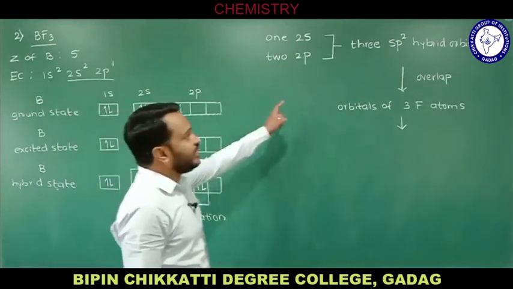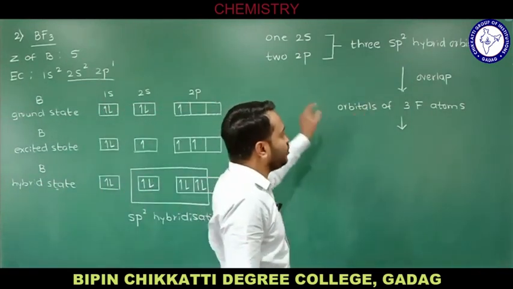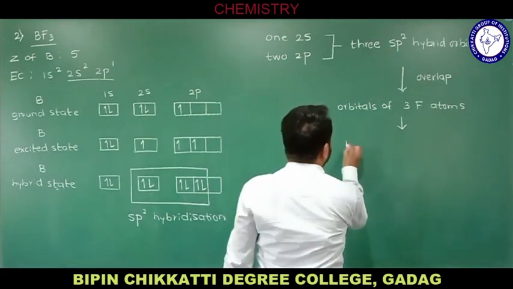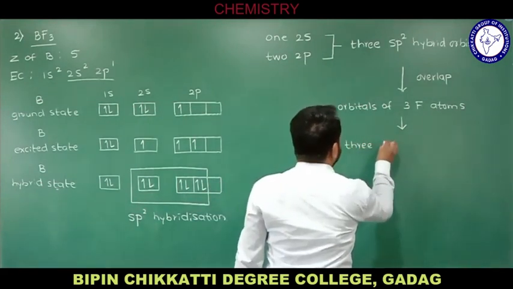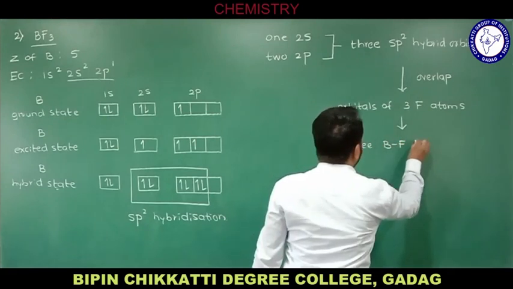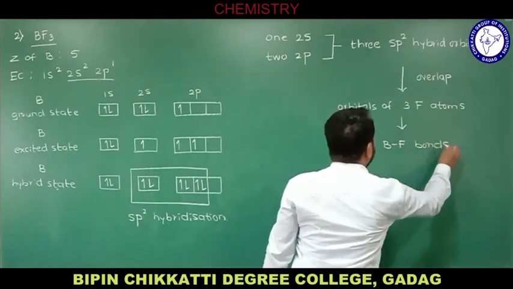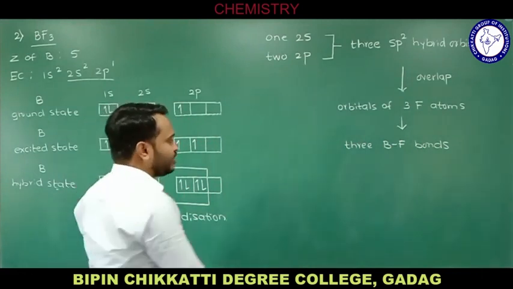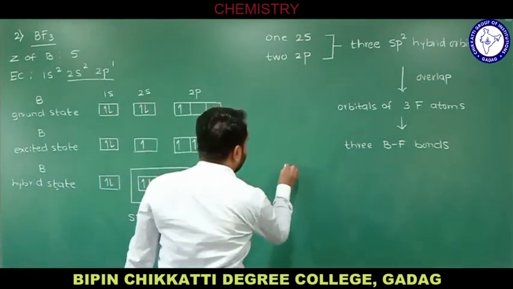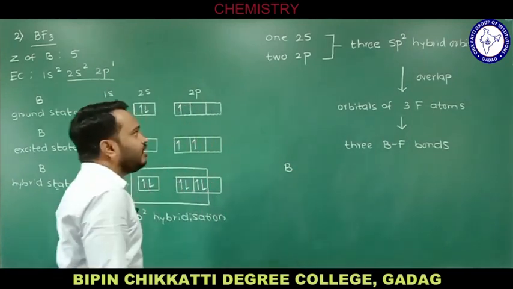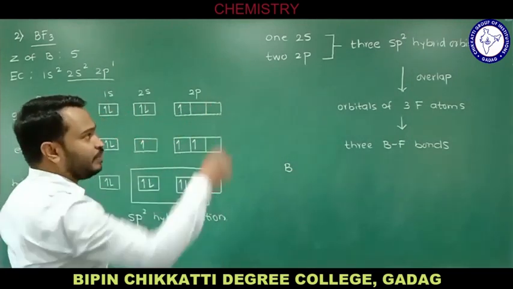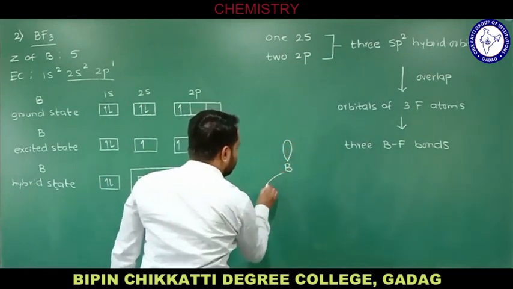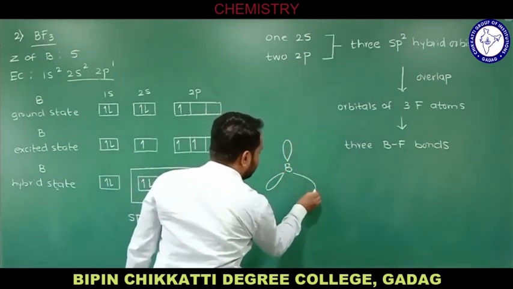So when 3 sp2 hybrid orbitals overlap with orbitals of 3 F atoms, there will be formation of 3 BF bonds. So in BF3 we have 3 BF bonds. How actually do these 3 BF bonds look? Boron in the center, and as we know we have 3 sp2 atomic orbitals. This is how we can represent. This is the one and this is the second one and this is the third one.